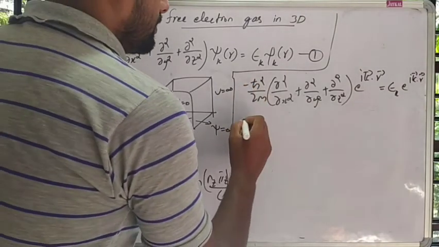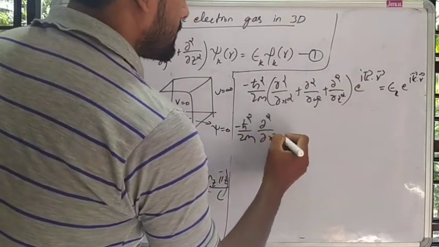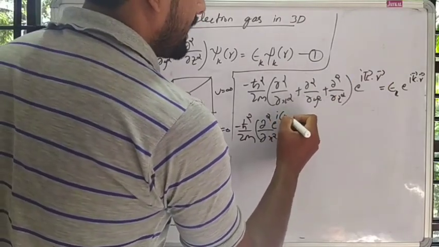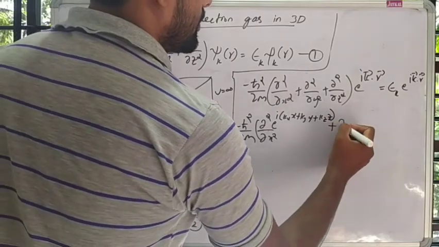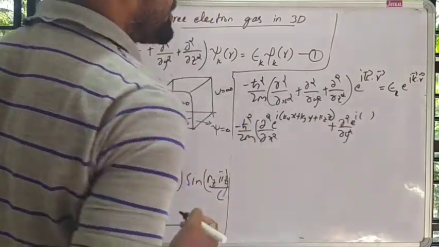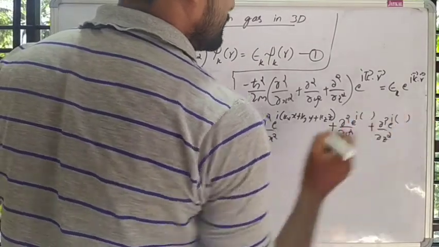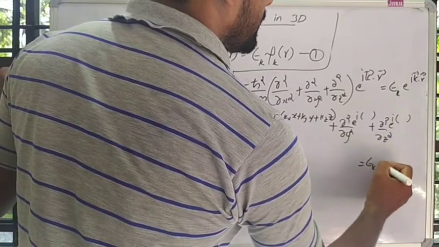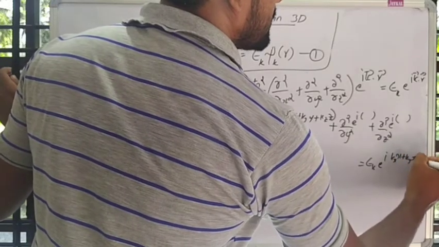Okay, and that is equal to minus h bar square over 2m, and we know dou square by dou x square of e raised to i k dot r means e raised to i into (kx x plus ky y plus kz z), plus dou square by dou y square, the same thing, e raised to i (kx x plus ky y plus kz z), plus dou square by dou z square, e raised to i (kx x plus ky y plus kz z), and that is equal to E_k into e raised to i (kx x plus ky y plus kz z).